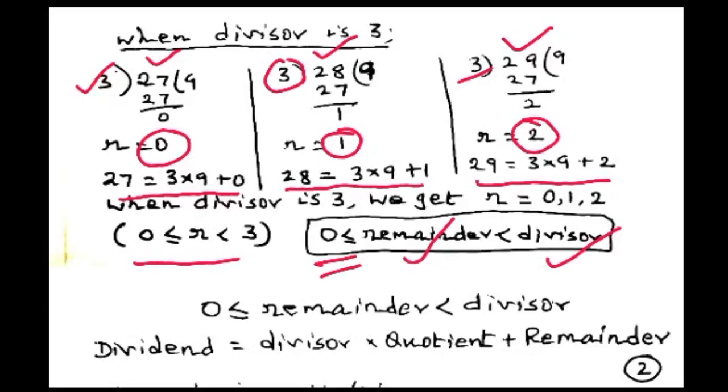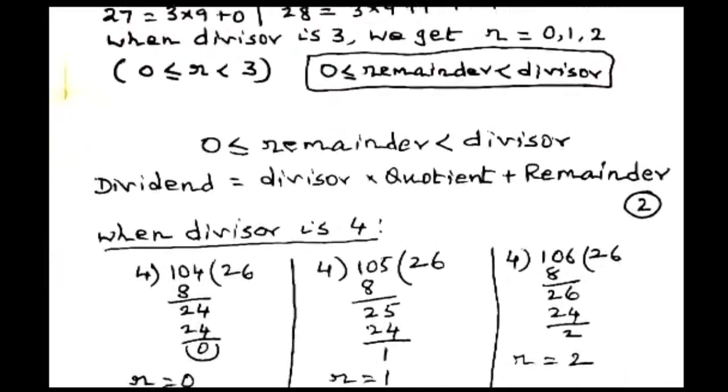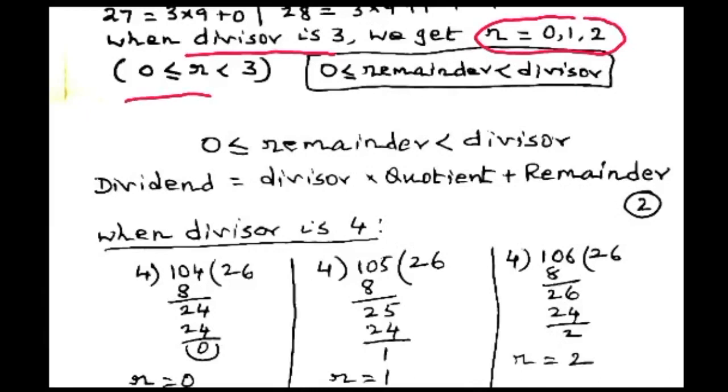So when 3 is the divisor, we got remainders 0, 1 or 2. This is written as 0 less than or equal to remainder less than 3.